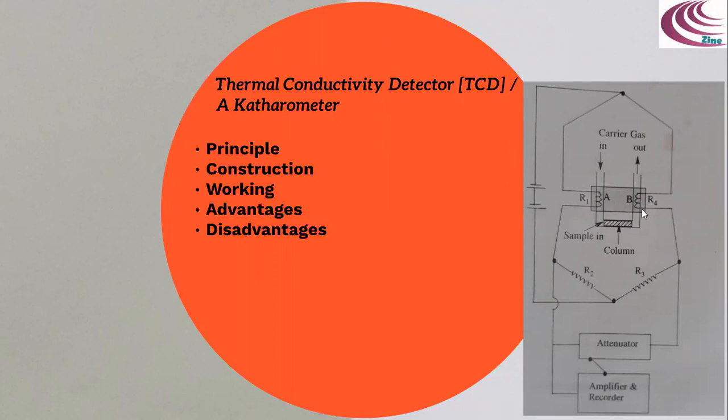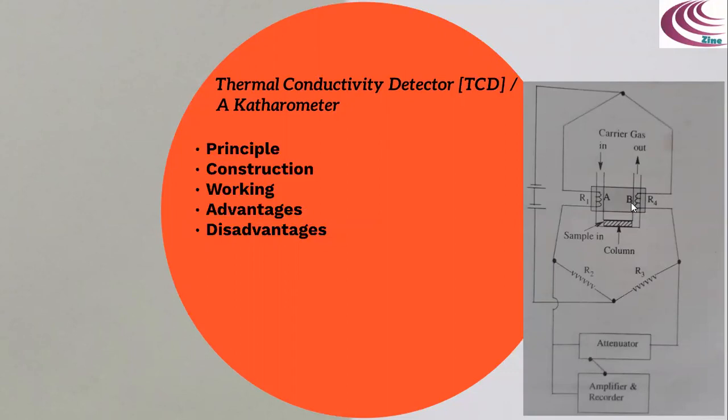Moving towards construction, as you are observing in this diagram, two coils, A and B, corresponding to resistances R1 and R4 respectively, are kept at a constant temperature by passing a constant current through them. One coil, A, is placed in the gas stream before the sample injection system, and the other coil, B, is kept beyond the column.